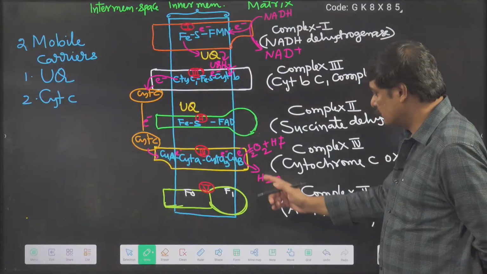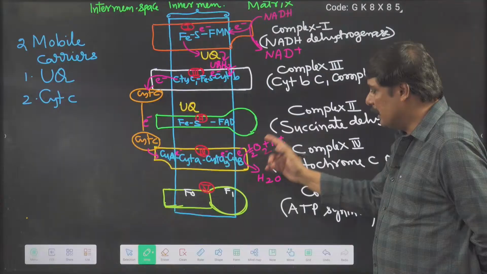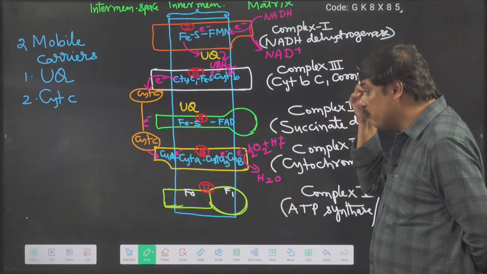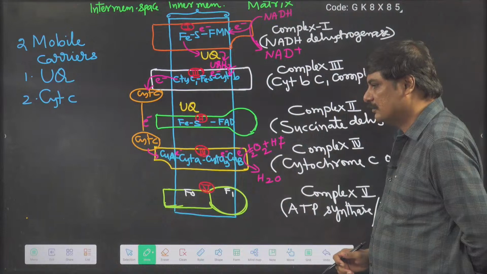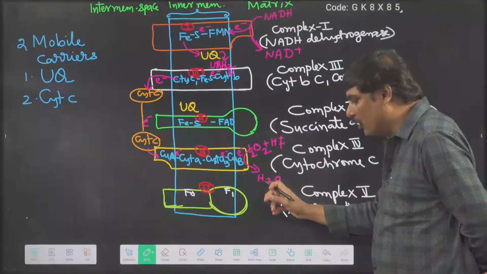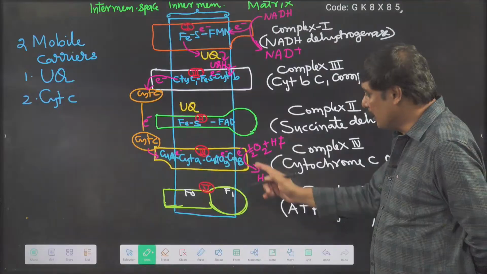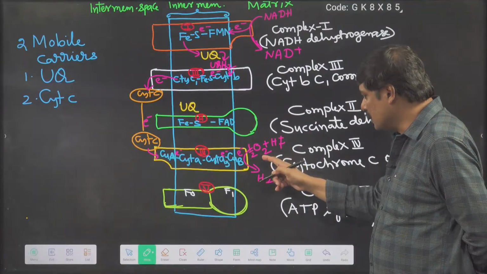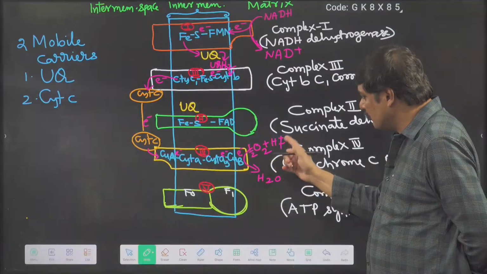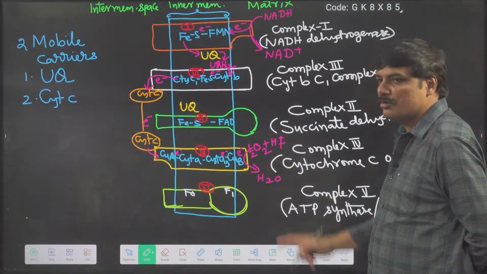Correct? So, the electrons from complex 4 are accepted by oxygen and form water. This water is called metabolic water. Electrons, protons and half O2 combine to form a water molecule.